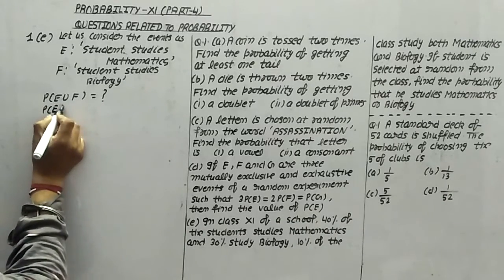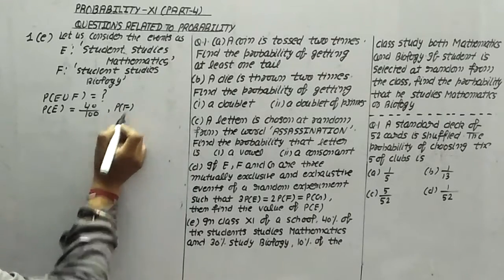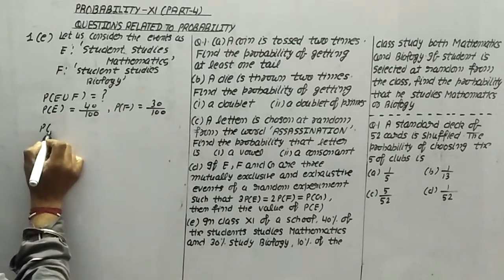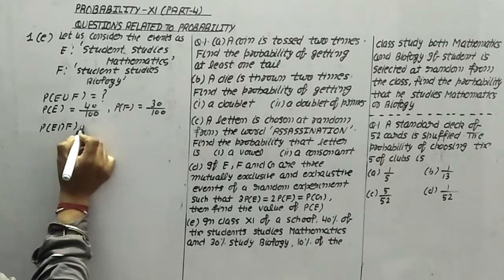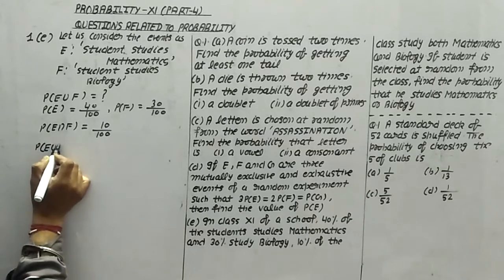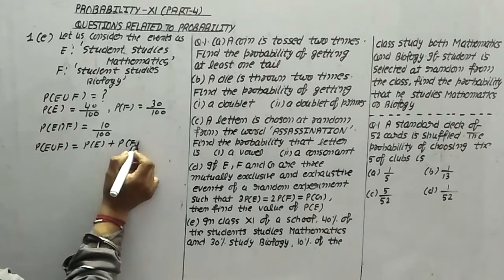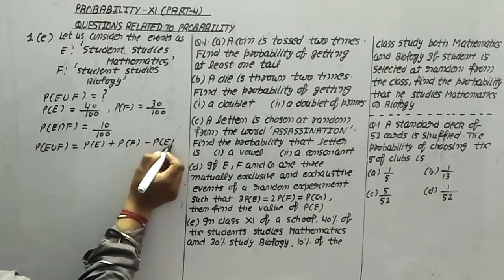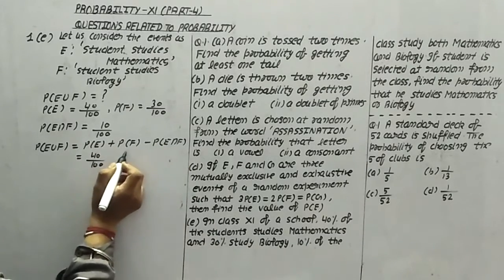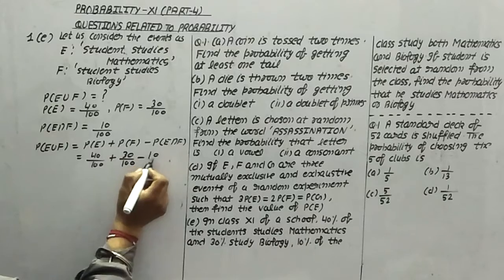Now we have to find out the probability of E union F, and it is given the probability of E is equal to 40%. It means 40 upon 100. The probability of F is equal to 30%. It means this is 30 upon 100, and the probability of E intersection F, 10% studying both, it means this is 10 upon 100. Now we have to find out the probability of E union F. The probability of E union F is equal to the probability of E plus the probability of F minus the probability of E intersection F. It means this becomes 40 upon 100 plus 30 upon 100 minus 10 upon 100.